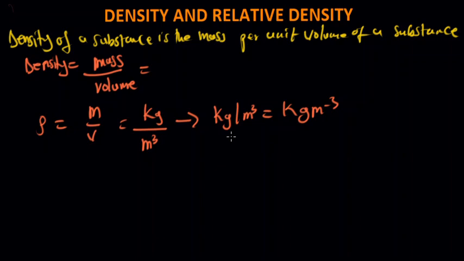So whatever you want to find, first of all, you must get the mass of the substance, the liquid, the solid or the gas whose density you want to find.